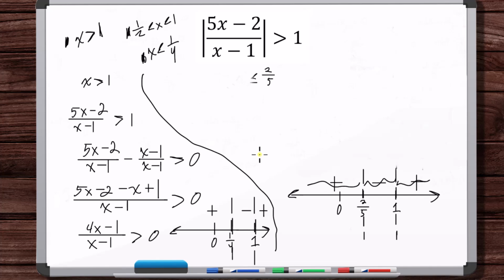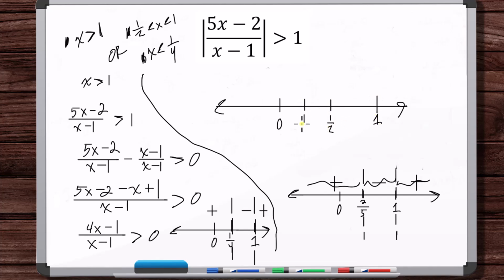Now we just need to condense this down as much as we can into a big OR, with all of these. So, all right, we've got 0 and 1 and 1/2 and 1/4.